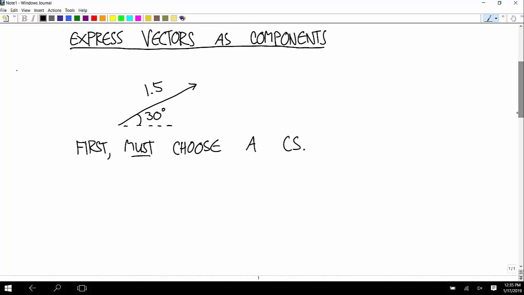So let's do it two ways. First, let's say that our coordinate system is like this, where the x-axis makes a 30-degree angle with the horizontal. And then second, in the coordinate system that we're used to, where x is horizontal and y is vertical.